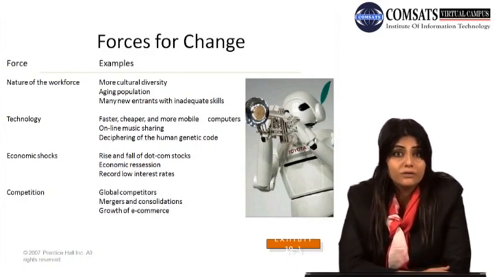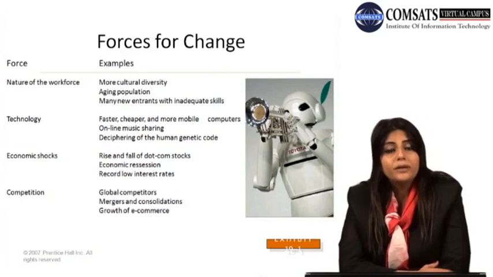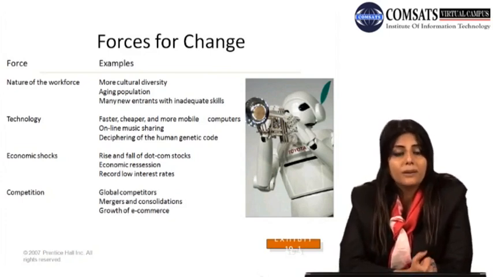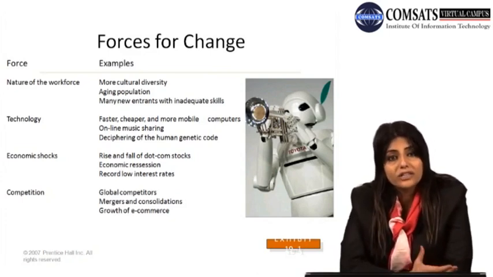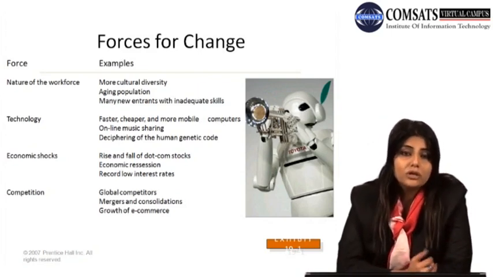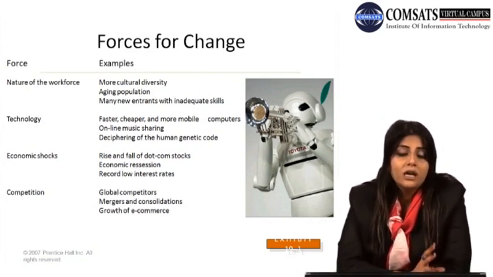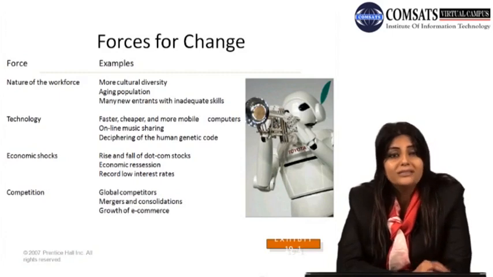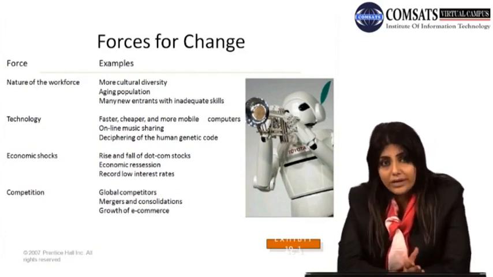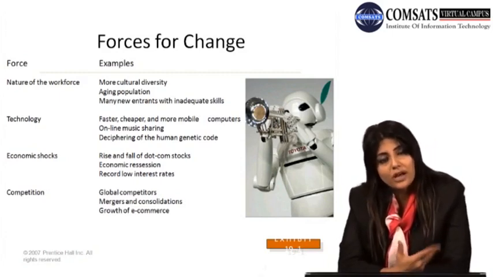One, the mobility of labor, right? Labor is becoming increasingly mobile. The organizational boundaries are blurred. Now we can see that increasingly the employees tend to change their jobs very frequently, moving from one organization to another.